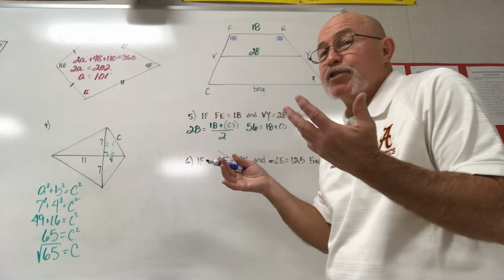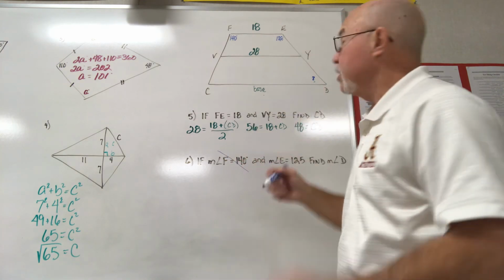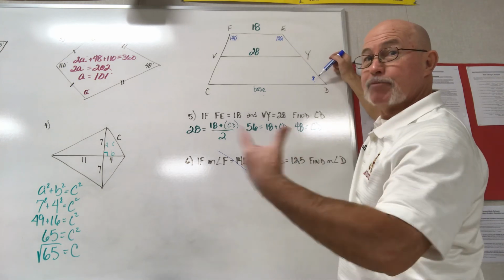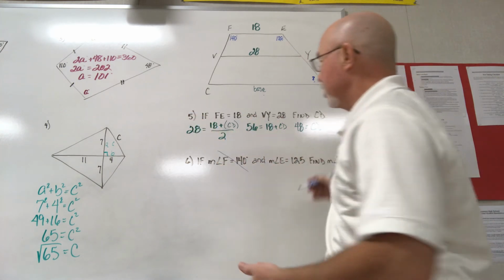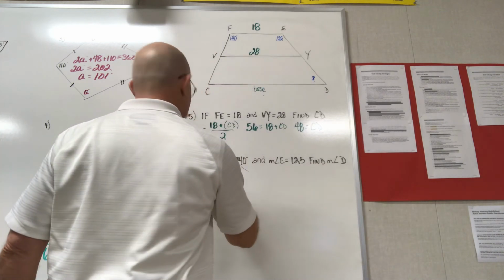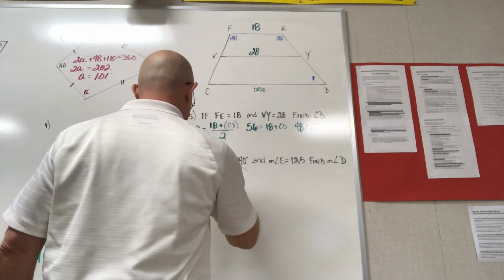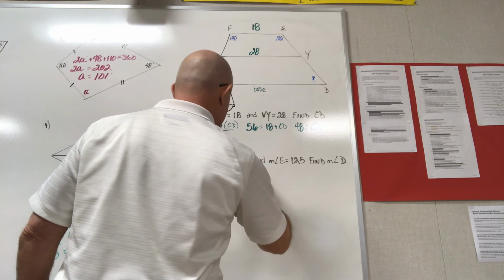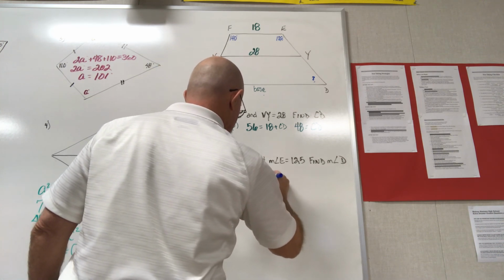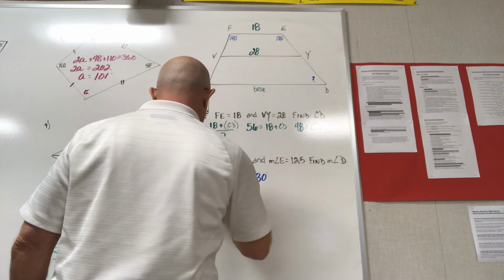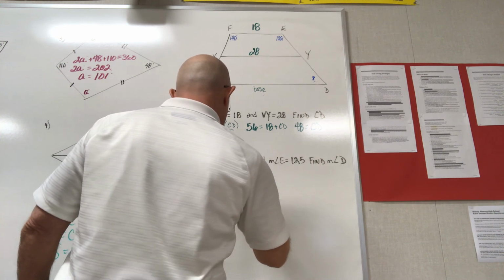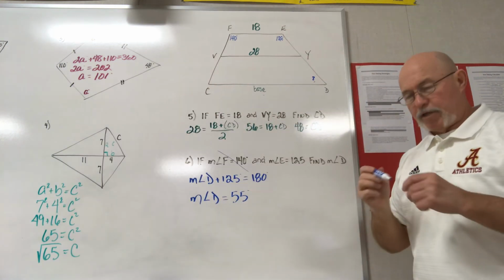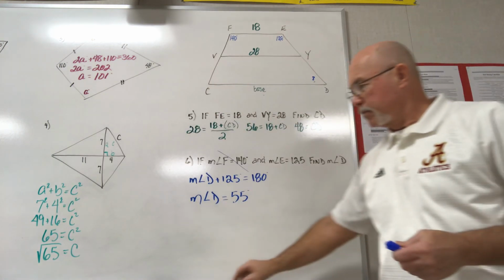Sometimes you get too much information. Take what you need. 125 and angle D add up to 180. They are consecutive interior angles. And there you go.